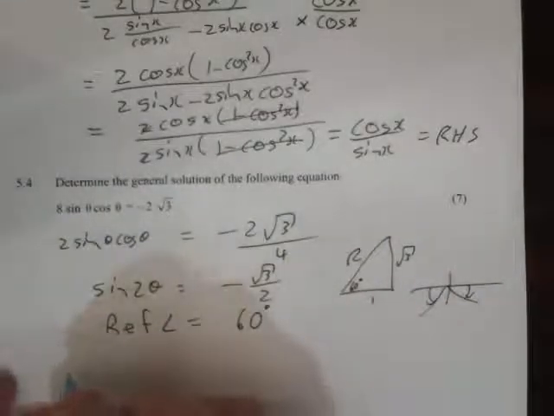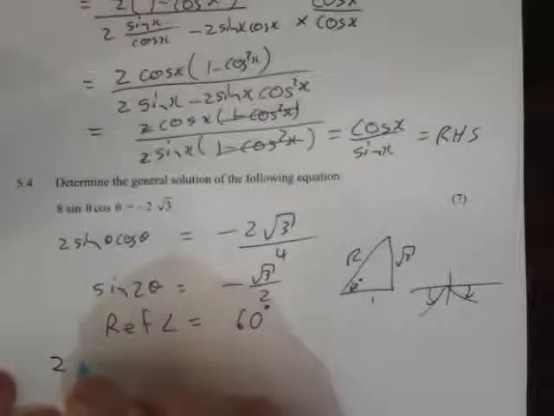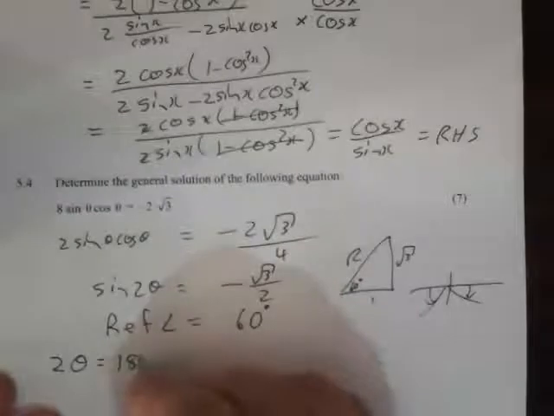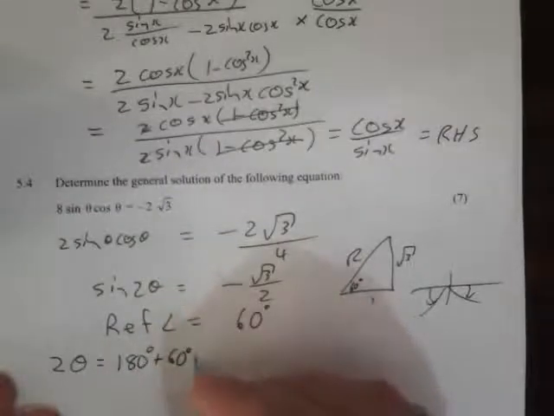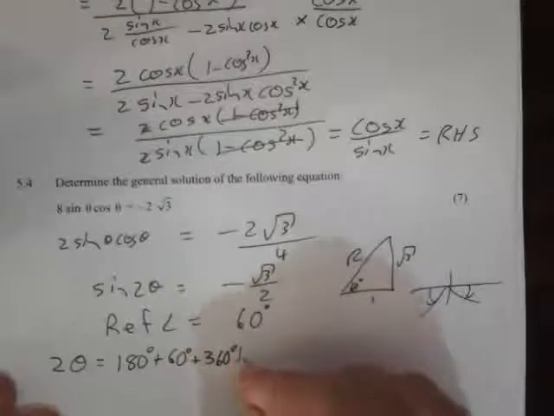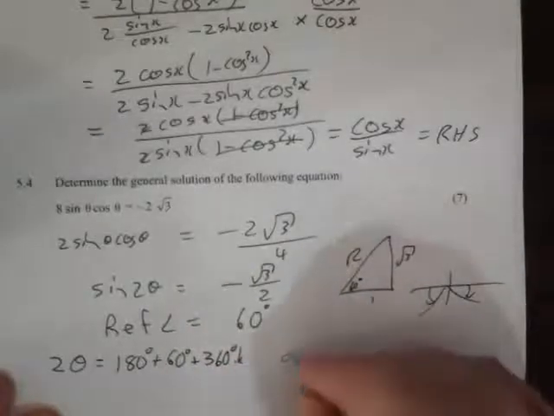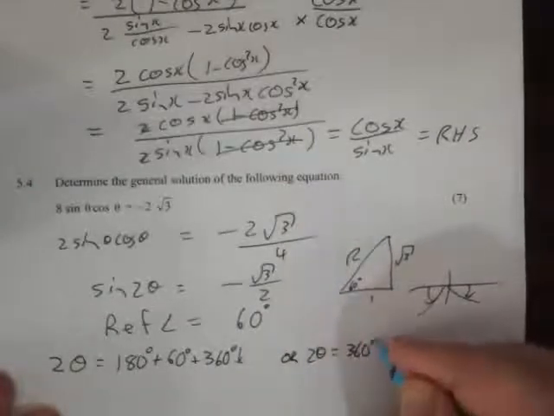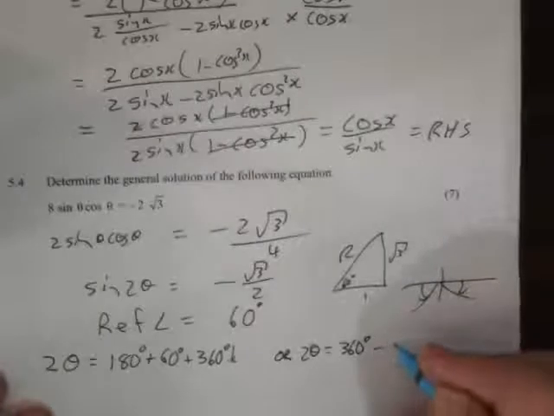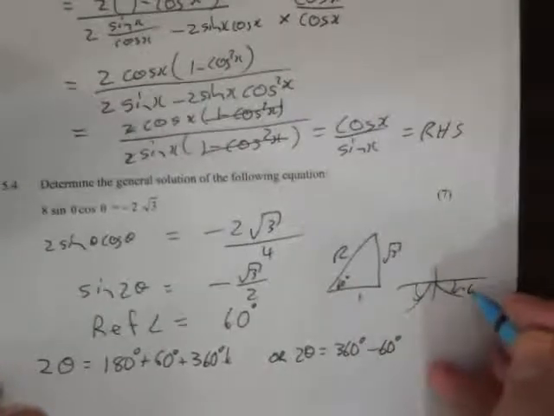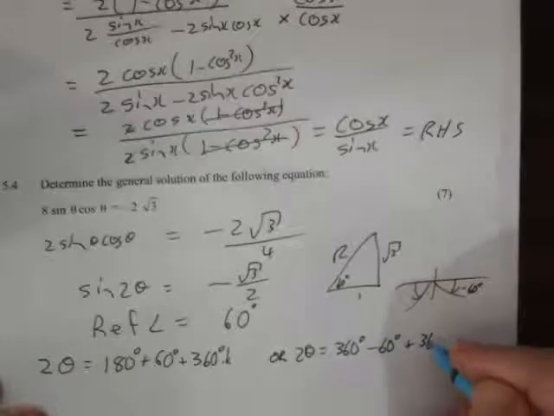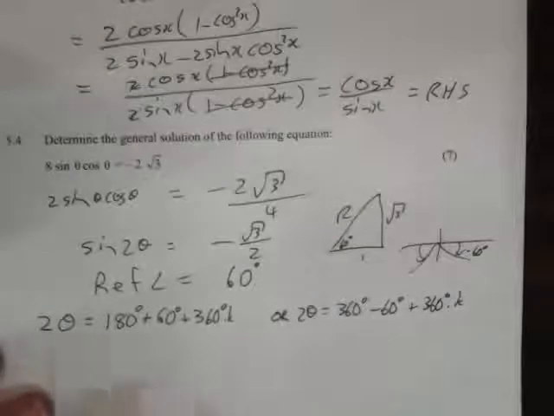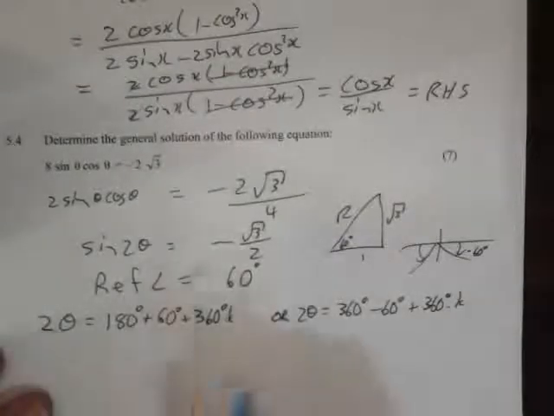So we can start off with saying 2 theta is equal to, because of this third quadrant, 180 degrees plus 60 degrees plus 360 degrees times k, or 2 theta is equal to 360 degrees, so we're in the fourth quadrant now, minus 60 degrees, so that will be the minus 60 degrees plus 360 degrees times k. Now let's simplify that and somehow get theta is equal to.